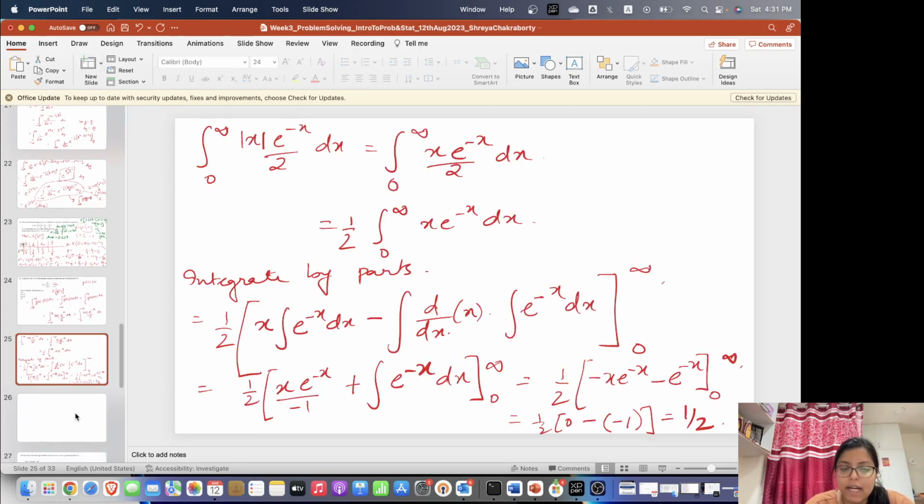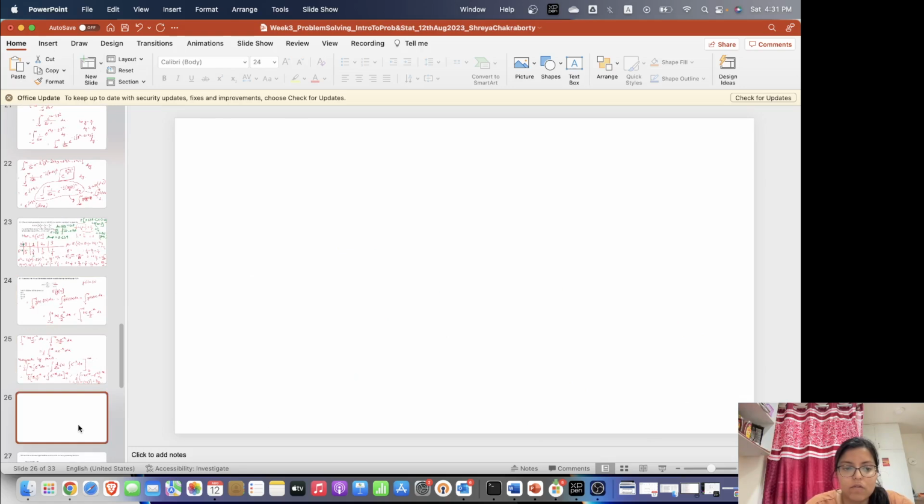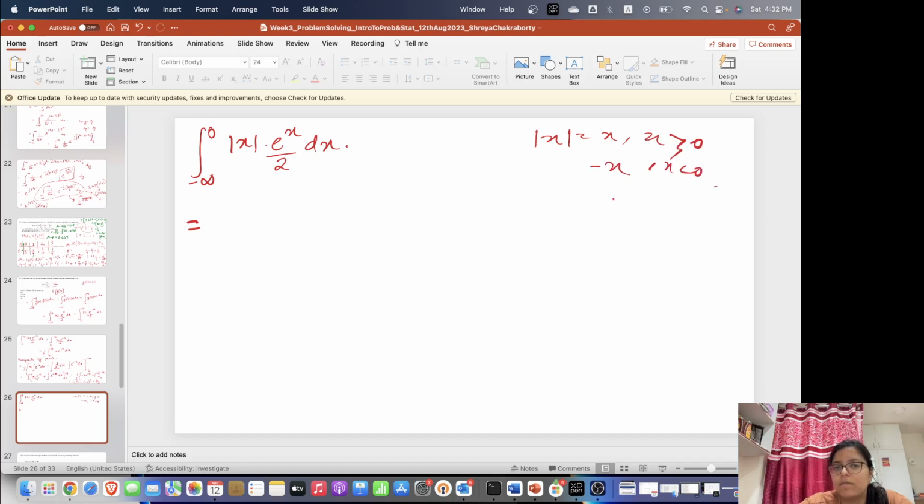So here what we had, when we had minus infinity to 0, mod x e to the power x by 2. Okay, so here we can write it. So mod x is x when x greater than 0 and minus x when x less than 0.